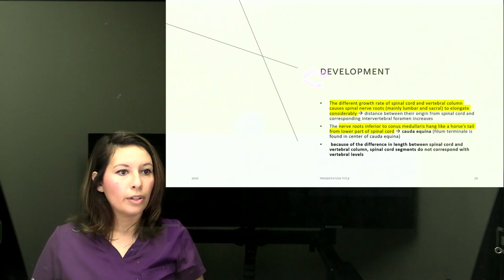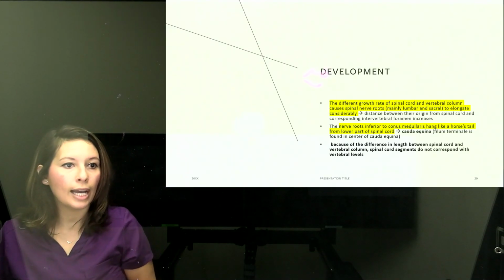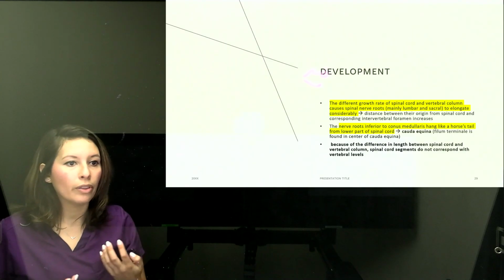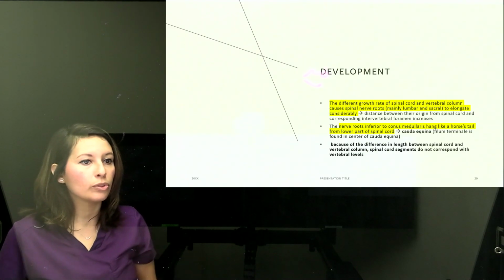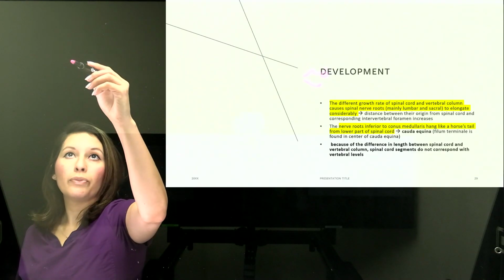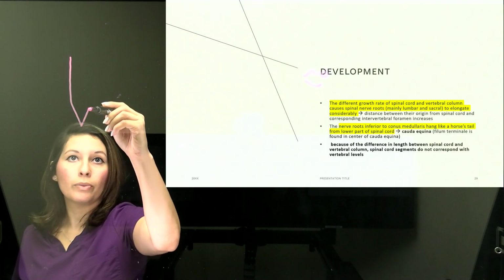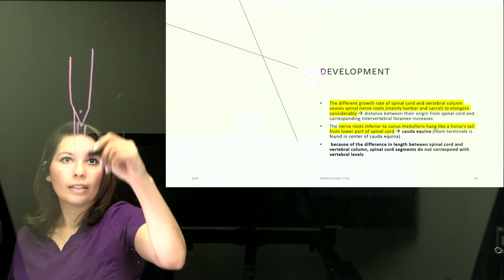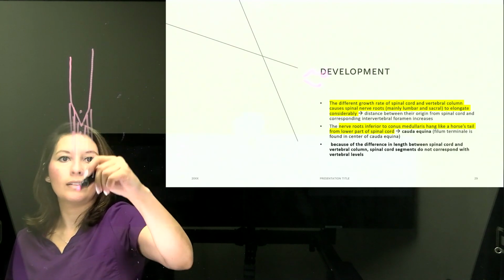now the spinal cord has to create these projections that we call the cauda equina. These nerve roots are inferior to the conus medullaris. So if this is your spinal cord where you've got the conus medullaris right here, it's going to look like this, right?